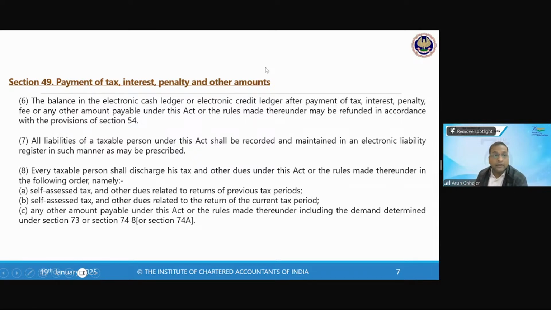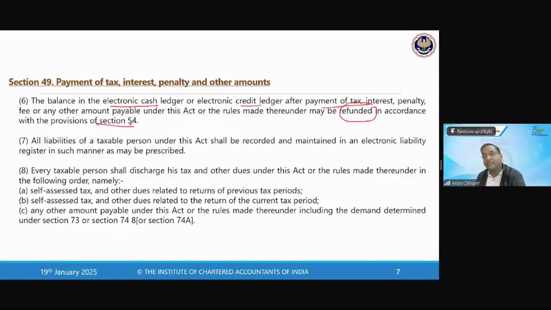Let's move further: the balance in the cash or credit ledger after payment of tax, interest, penalty, etc. may be refunded in accordance with section 54. So myself is going to teach the concept of input tax credit ka refund, cash ledger ka refund. I will take it, so rest to be sure, we will discuss.